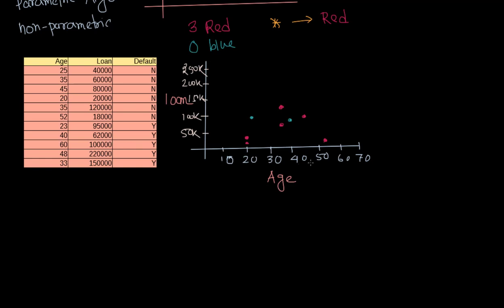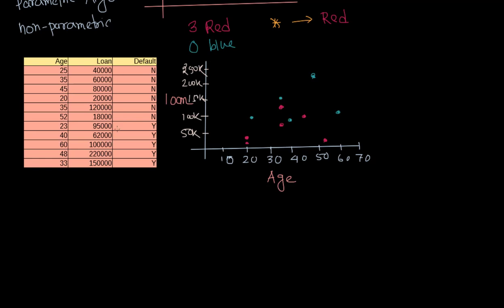Now for 60 it will be 100k, here. For 40 it will be 20k, somewhere over here, a little bit down. Now for 33 it is 150k, almost over here. So this is our data distribution, right?